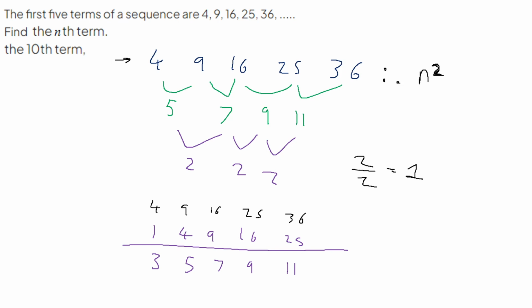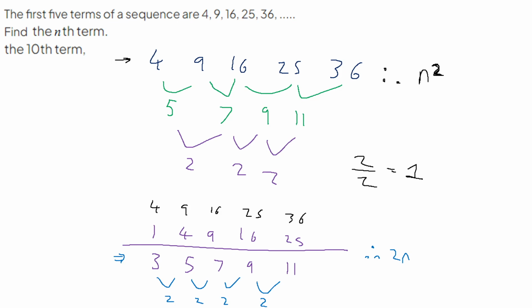Okay. And now what we're going to do is find the nth term of this sequence. So what's the common difference? The common difference here is 2. So therefore, 2n is a part of this equation.